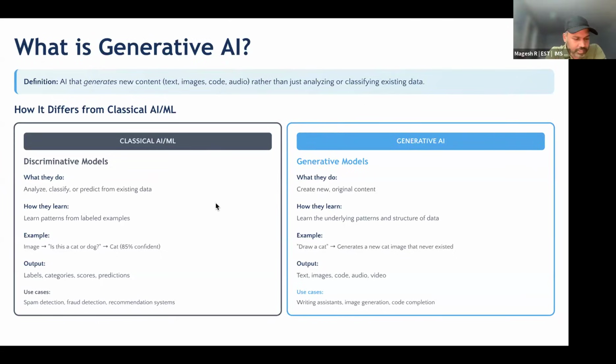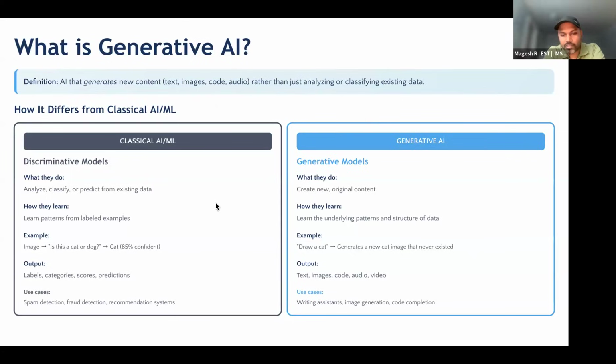Generative AI is a different kind of AI where it is capable of generating new content using probability models. It is fully unsupervised. We just give so much data, and it learns the pattern and the structure of data. So it's able to draw a cat, generate new content, and so on.